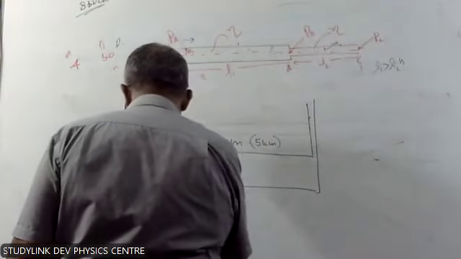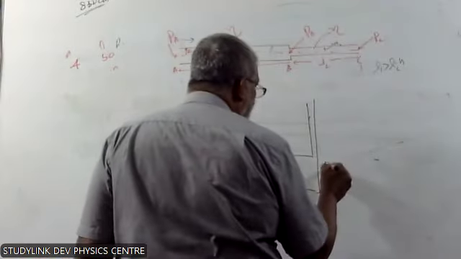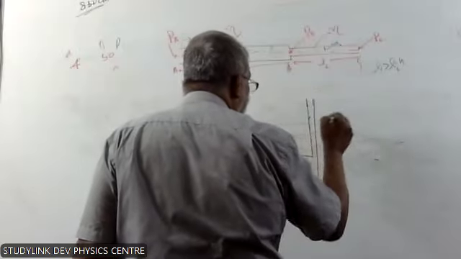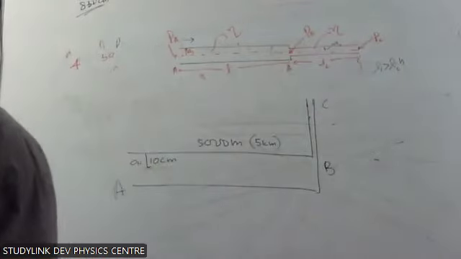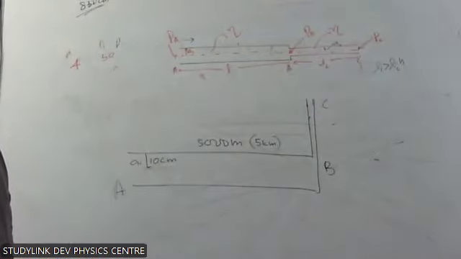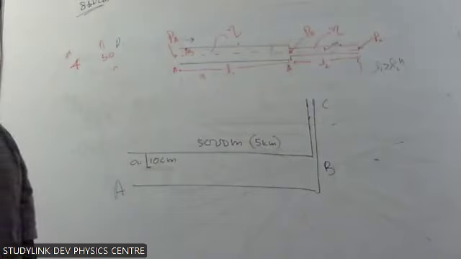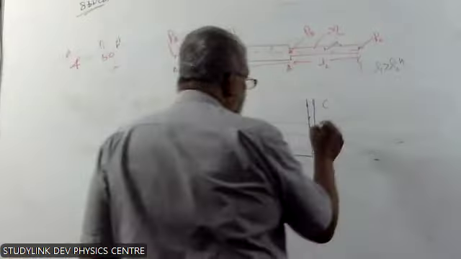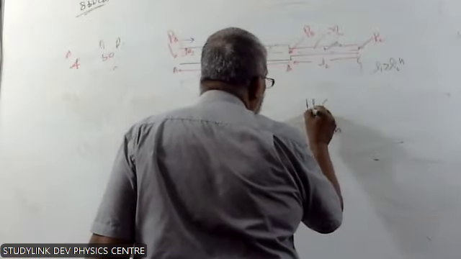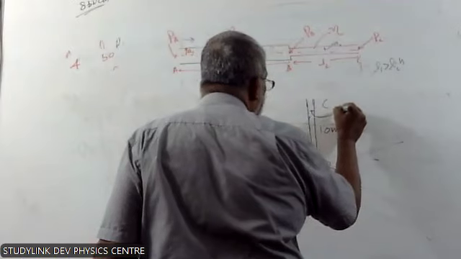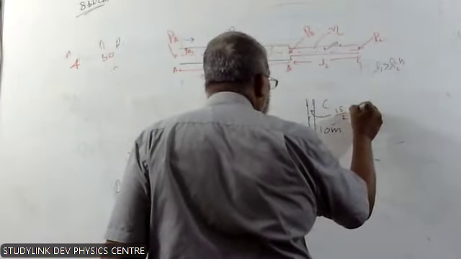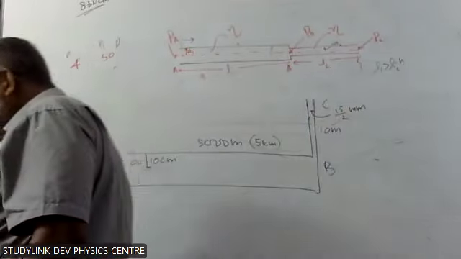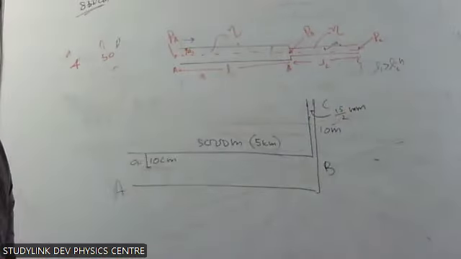So then capital A, capital B, then the house is here, C. Here the diameter is the second one, 15 millimeter, and 10 meters long. This is 10 meters and this is diameter 15 divided by 2 millimeters. 15 divided by 2 millimeters.